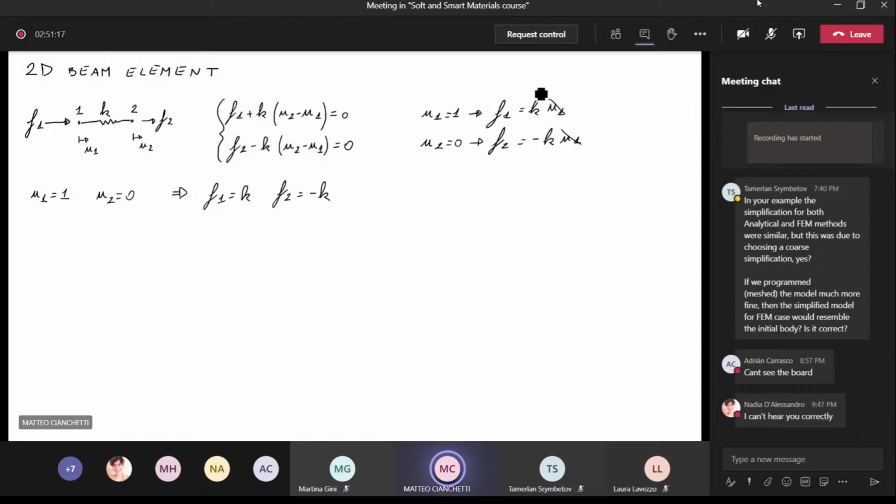Let's notice that we have these two values, K and minus K. Then let's do the opposite.